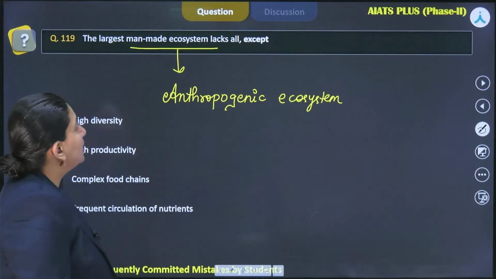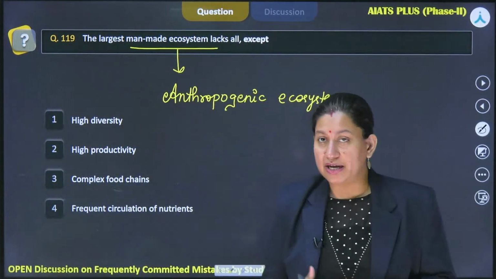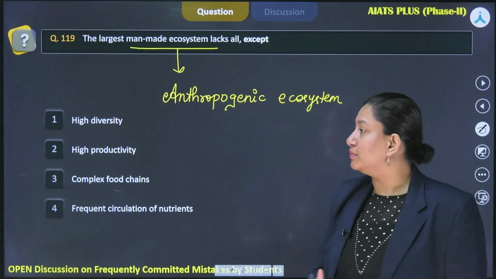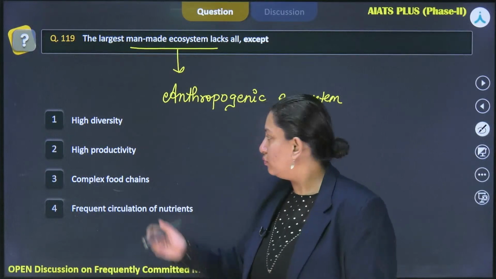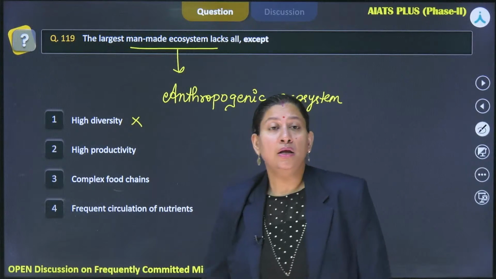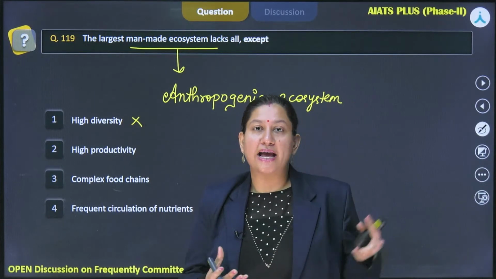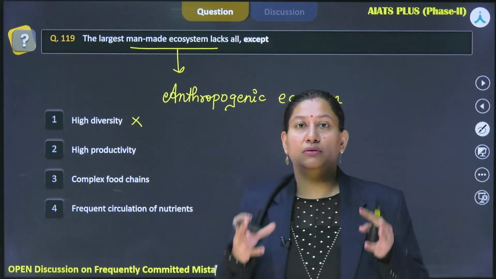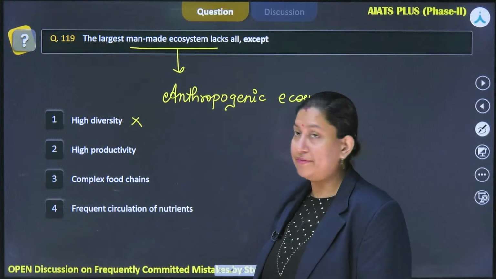So when we say anthropogenic ecosystems, that's been created by humans or under the care of humans, so when we say that they have high diversity, that is not true. They lack high diversity, right? They'll be having, on the contrary, low diversity, because certain organisms can only be accommodated by the humans in that particular periphery. So that's why they have low diversity.